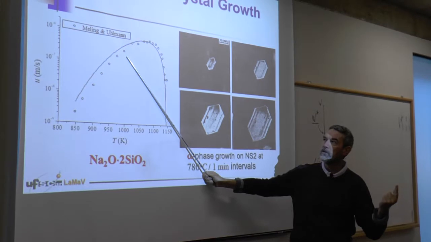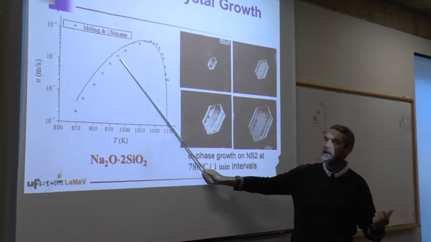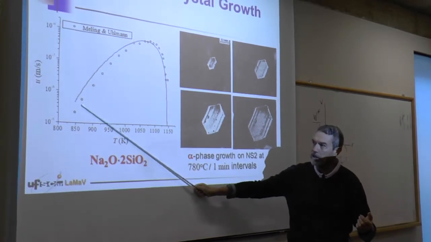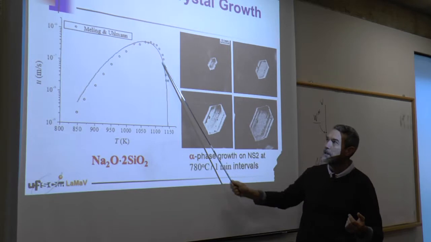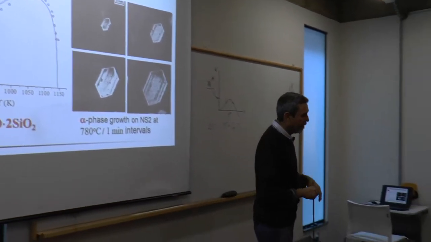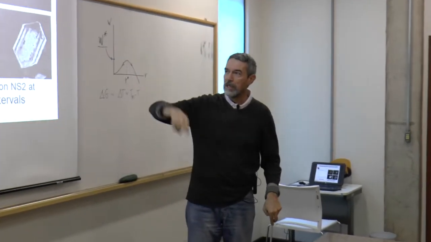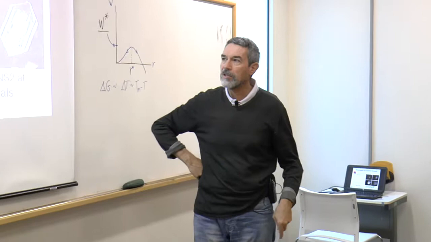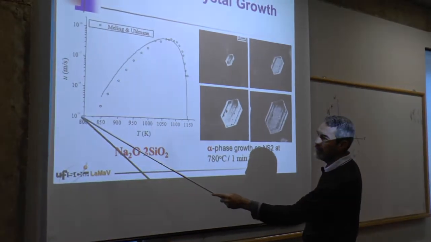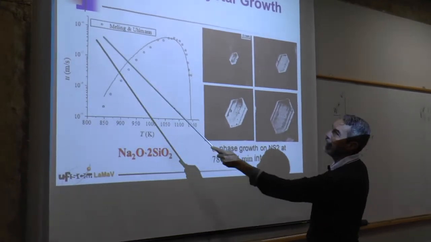You move to another temperature, repeat all that procedure, have another data point, and then another data point, another, and so on. So by changing the temperature of study, you can have such wide variation of crystal growth rates, in this particular case, from 10 to the power minus 9 to 10 to the power minus 6.